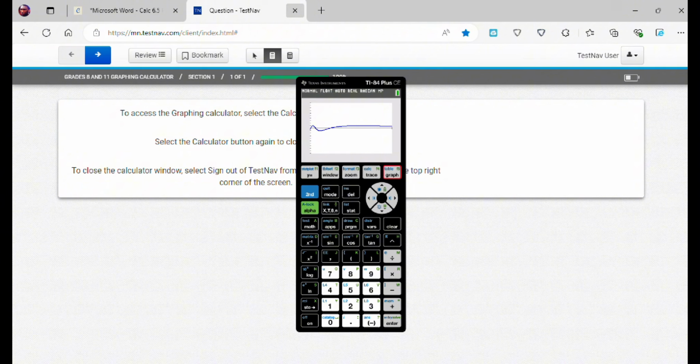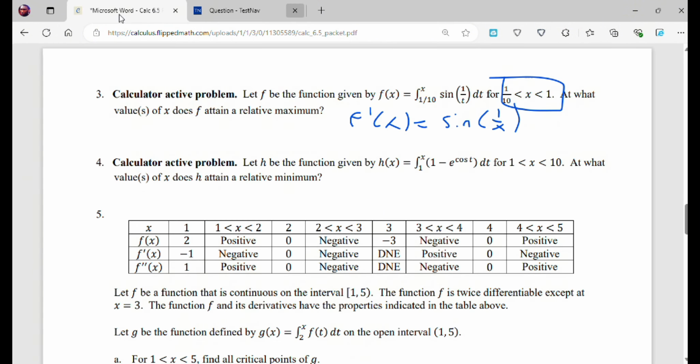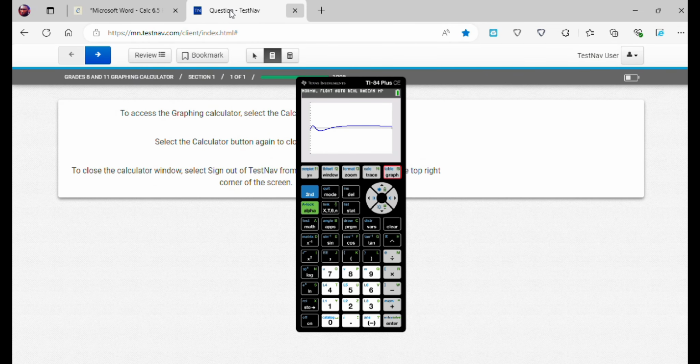Okay. So we know that because it's a maximum, it has to go from positive to negative. So positive to negative, I see 1 right here. So we trace, second trace, we find our 0.